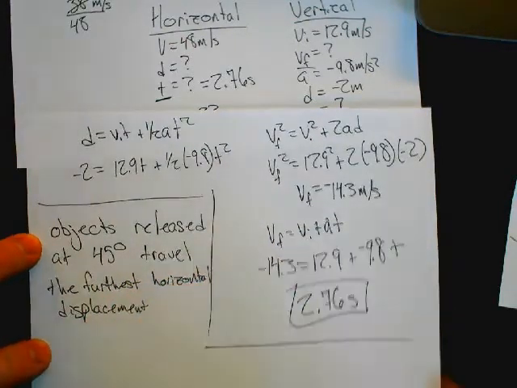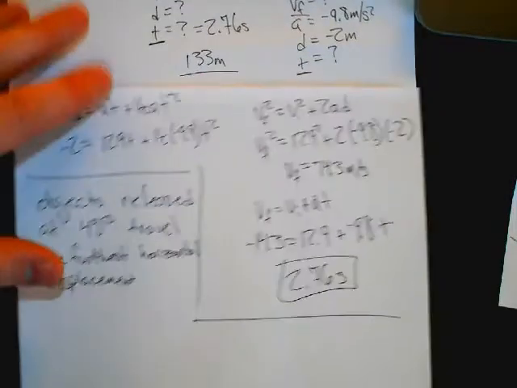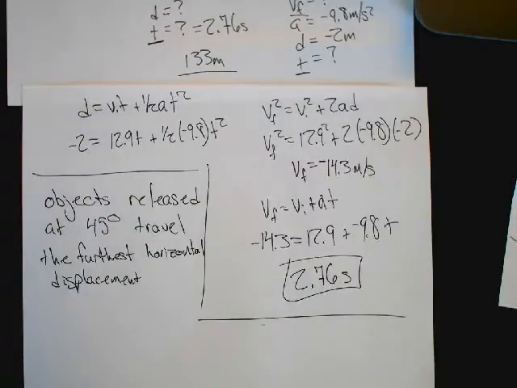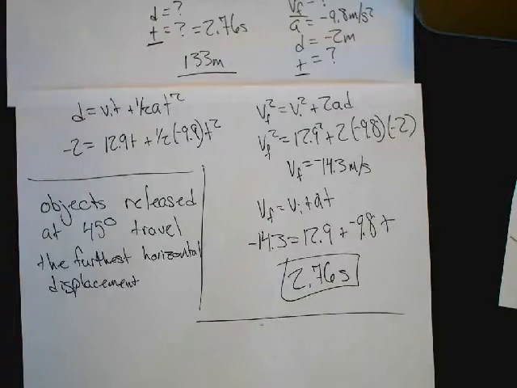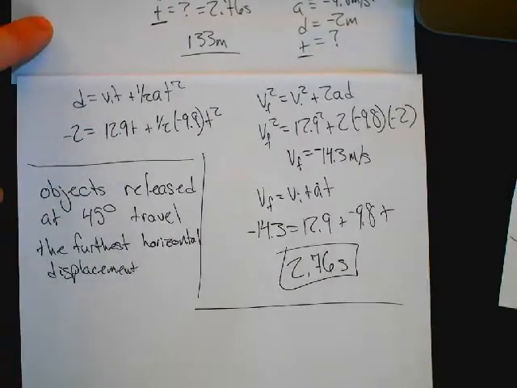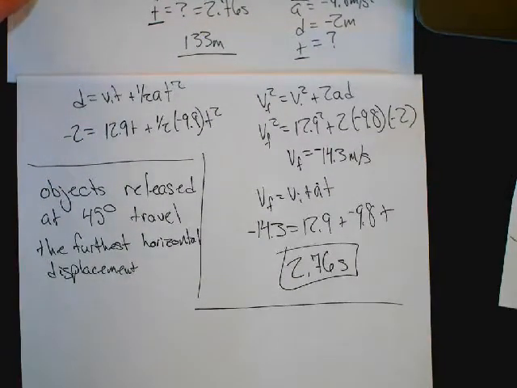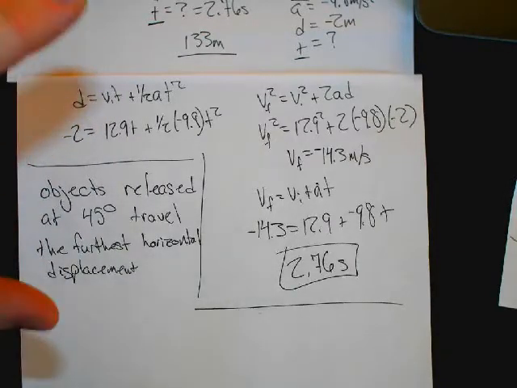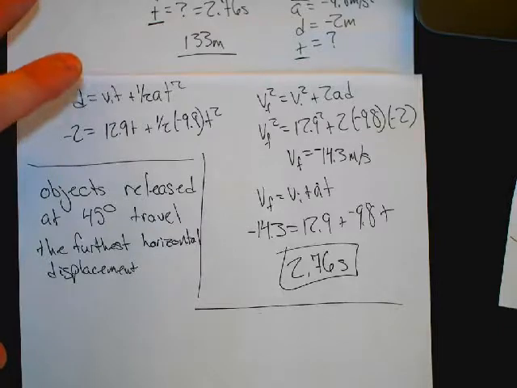Now that is in the absence of air resistance. Some of them can vary a little bit by a few degrees, depending on how fast the object's moving. Okay. Questions on that statement?